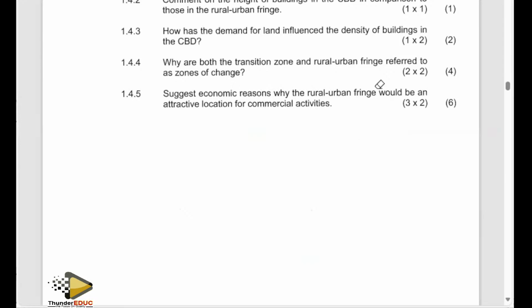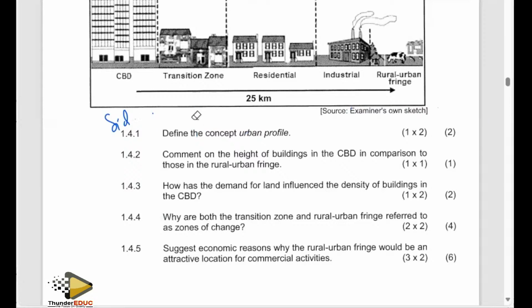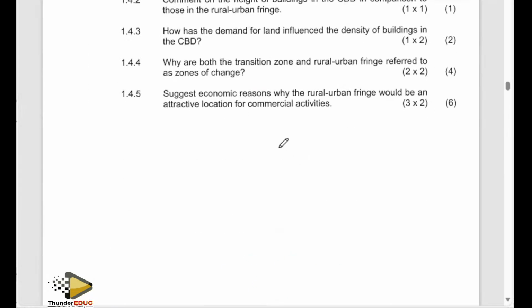Why can businesses choose to locate in the zone of transition here? Going all this way from the CBD, moving 25 kilometers out of the CBD to go and do business in the rural urban fringe. Why is it attractive for businesses? That is the question. What is in the rural urban fringe which can attract businesses to want to operate in those areas?